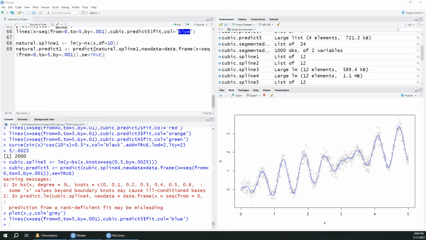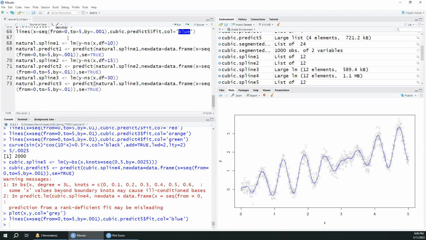And we can repeat this procedure in a similar fashion where I increase the number of degrees of freedom. And let's go ahead and plot this.